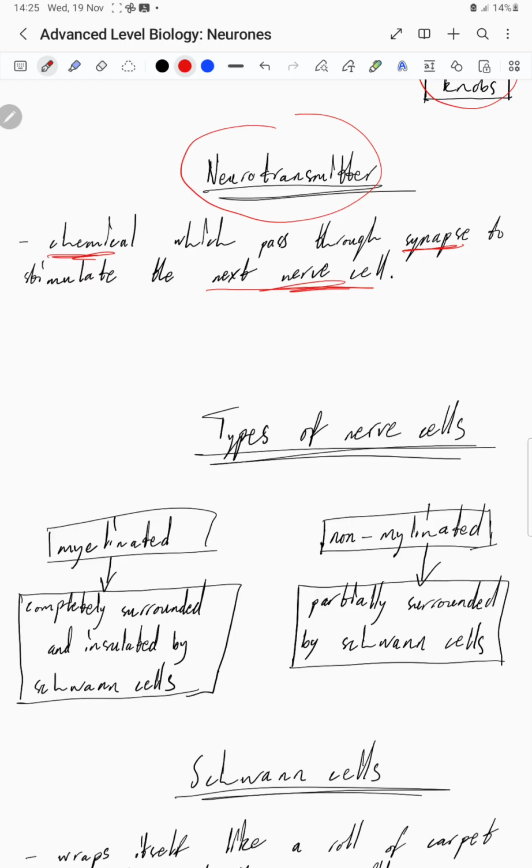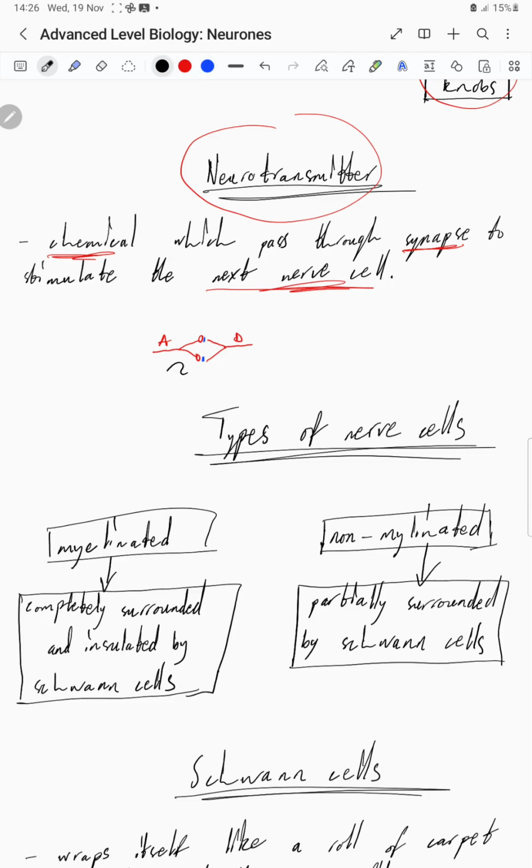So we have a nerve impulse traveling from the axon to the synaptic knob, and then we have the next neuron, which has the dendron and the dendrites. Before we go further, this space between is called the synapse. This is the synapse which is being talked about.